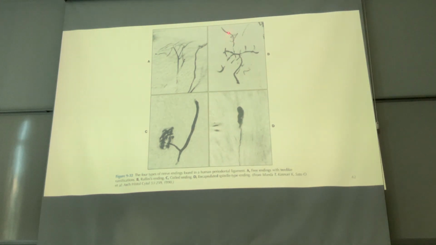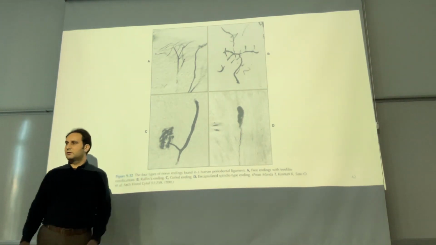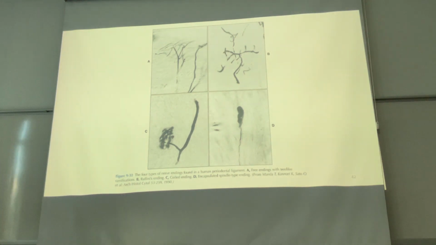And here you can see another type of nerve ending, the Ruffini ending. In this part you can see coiled endings of nerves. And here you can see the encapsulated spindle type ending present in the periodontal ligament. We will talk about this ending in our nervous system committee.